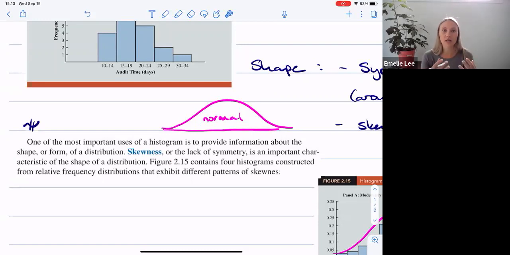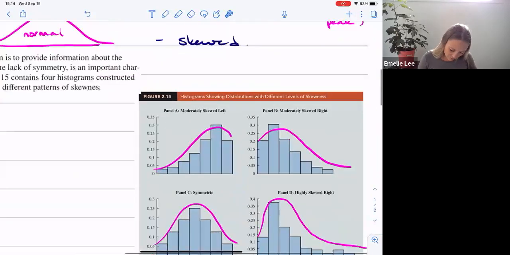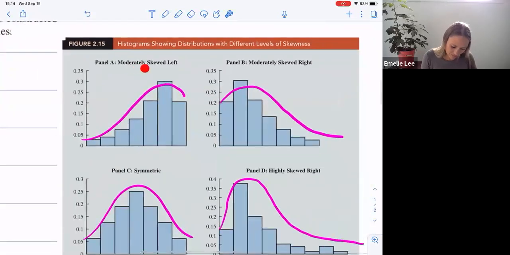If it is symmetric, then it's probably a normal distribution, right? If it's not symmetric, then we need to talk about the skewness, okay? And so the skewness is a little bit counterintuitive, I think, at least, because if we could just kind of zoom in here, right? This says that this is moderately skewed to the left, right?